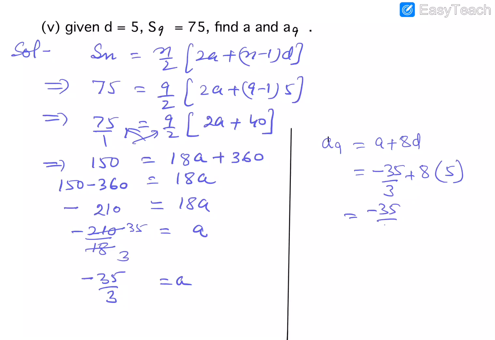Minus 35 by 3, 8 5s are 40 by 1, LCM of 3, minus 35 plus 120, then this gives 85 by 3. This is the ninth term of the AP.